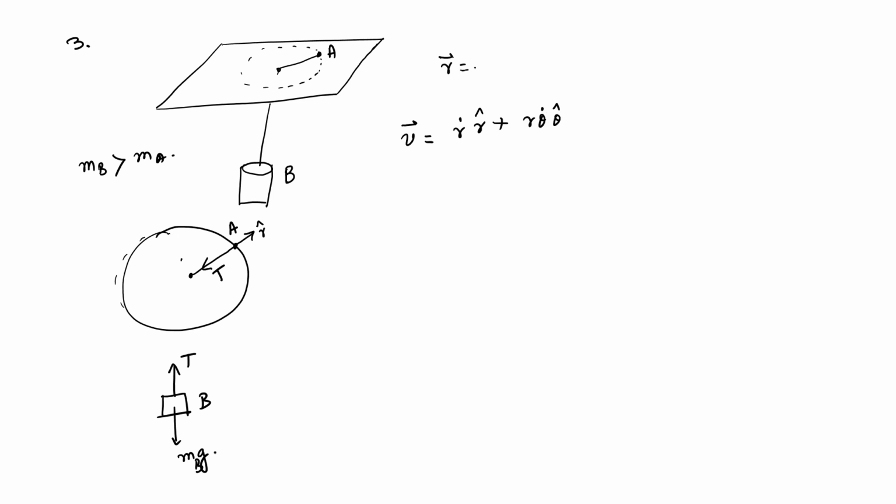The position is r r cap. Acceleration is written as (r double dot minus r theta dot square) r cap plus (r theta double dot plus 2 r dot theta dot) theta cap. So, that is the position, velocity and acceleration in plane polar coordinates.